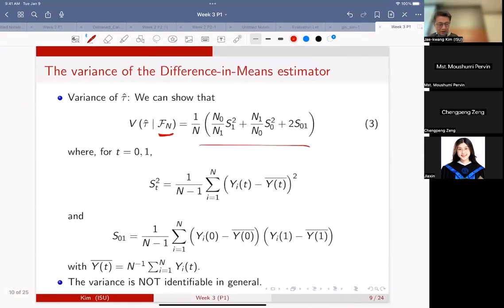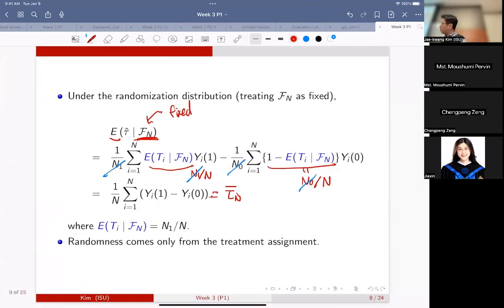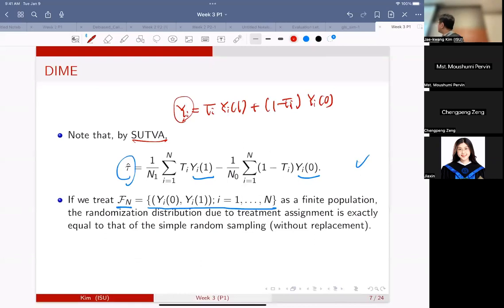So how do we compute the conditional variance? Remember, this is very similar to computing the variance under simple random sampling, because this is essentially a sample mean, or two sample means, selected by simple random sampling.